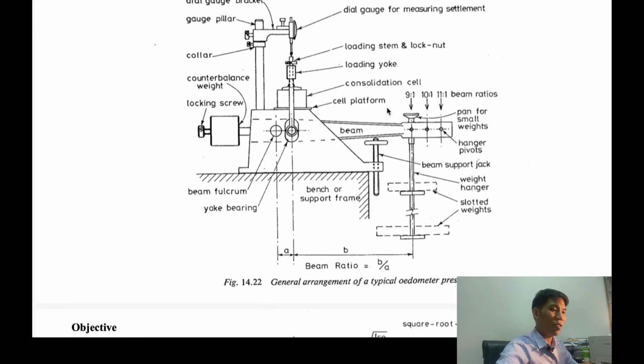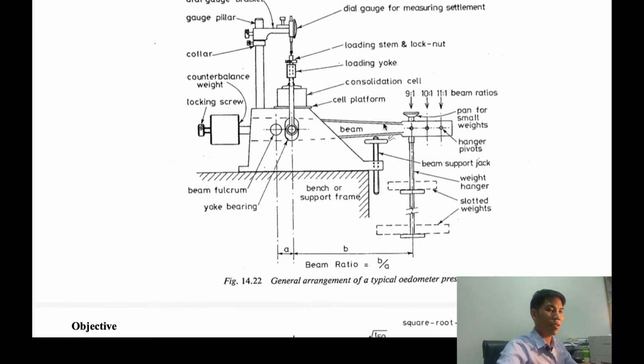The machine that we use for the consolidation test is something like this, that we test in our lab. We put the specimen at this location and after that we add the load to the specimen. If we take the moment at this point, the so-called point O, we can calculate the force acting on the specimen, which depends on the beam ratio.